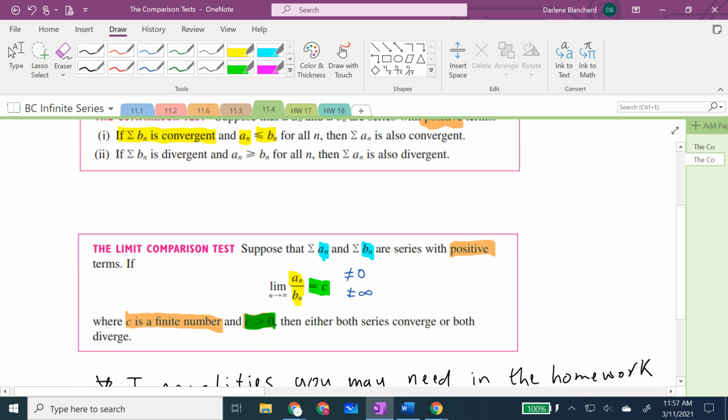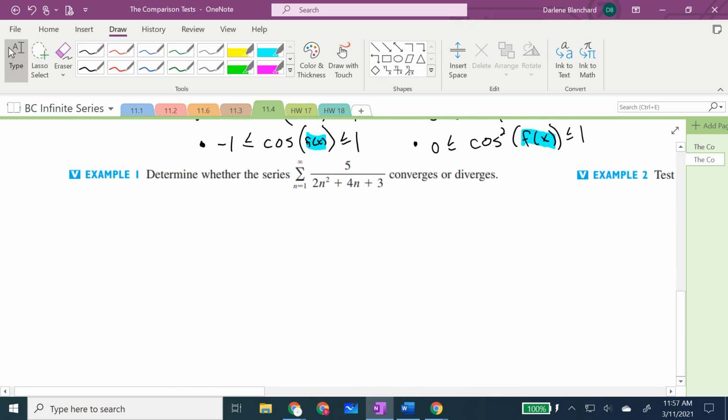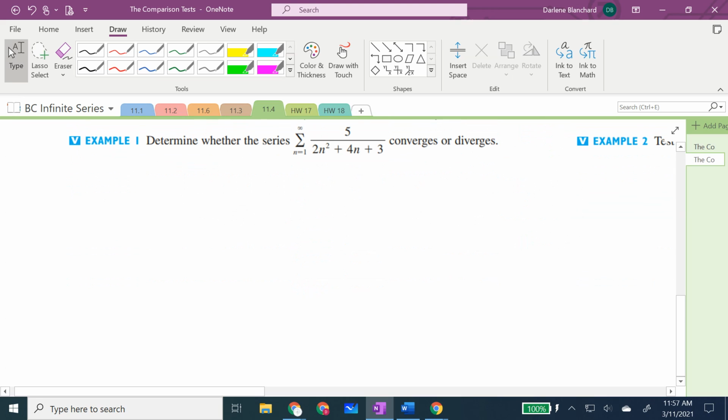All right, now let's look at examples. For example 1, take a good look at it. And what is holding this back from being a P series? Yep. When I look at the denominator, I have my 2n squared, but then I'm adding lesser degree terms.